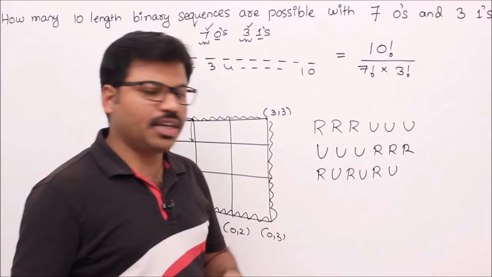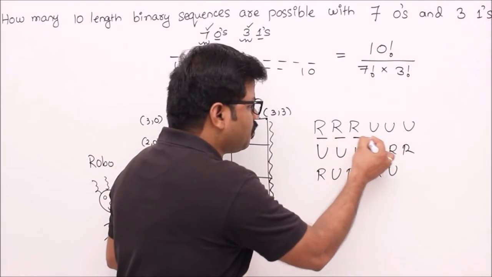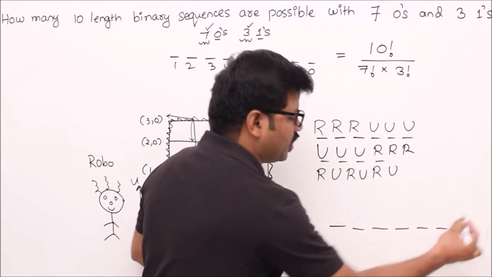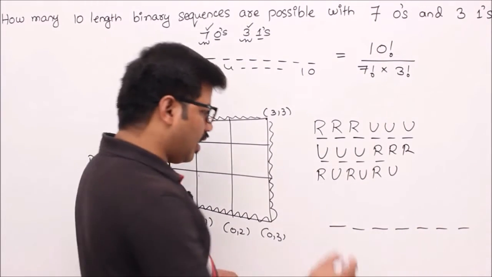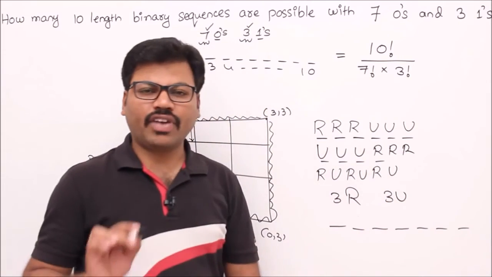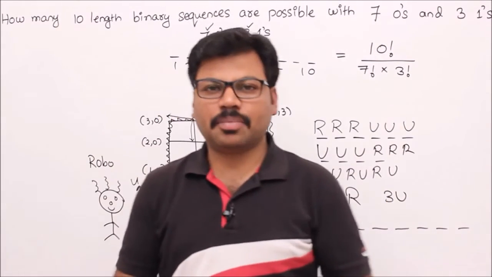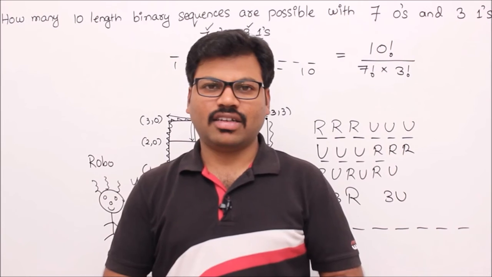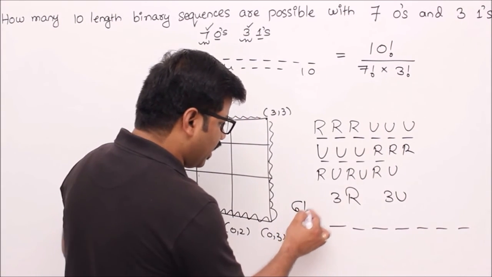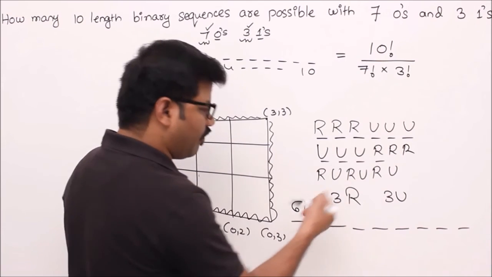Then finally the problem is reduced to writing 6 positions. See, every path is nothing but writing 6 positions, where in those 6 positions we have to write 3 rights and 3 ups. How many different ways can you write 3 rights and 3 ups in a line? It's again template number 5. If all are different, then we can arrange those objects in 6 factorial ways.